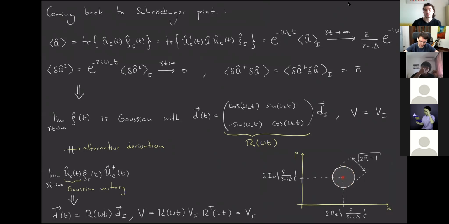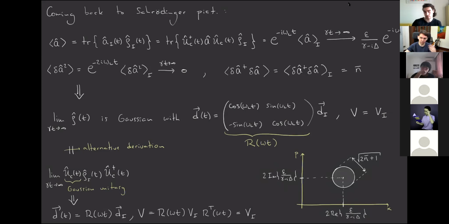So it's centered at this value given by how strong you are driving, and how far from resonance you are and so on. We already discussed very much about this. And then the fluctuations around it are circularly symmetric because you have a thermal state and the amplitude is not 1, but 2n plus 1, as corresponds to a thermal state, okay?